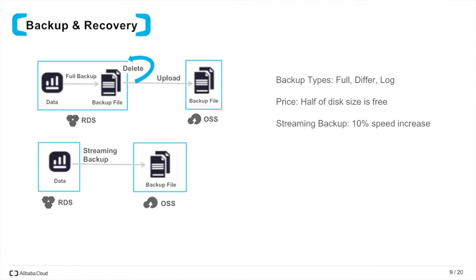So we created what we call the streaming backup. Here, RDS backs up database files to OSS directly, so you don't have to save files on the local disk. The result is a 10% increase in backup speed.